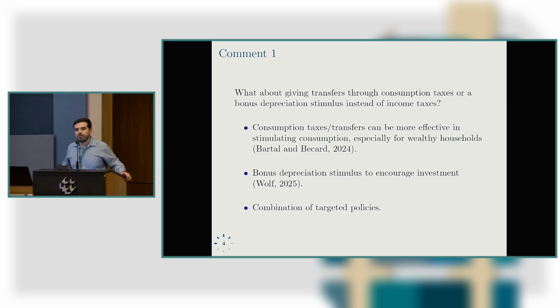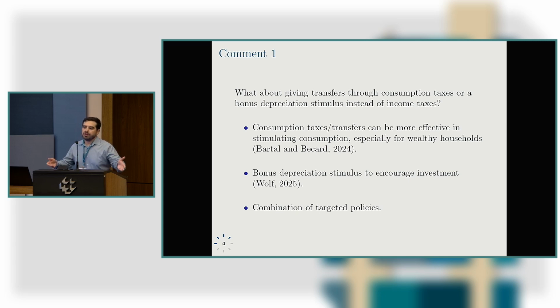So if you give the transfer directly through a consumption tax that is then taken off from households, it can be another way, or an extreme case, in which we want to incentivize high-income households to spend the transfer.